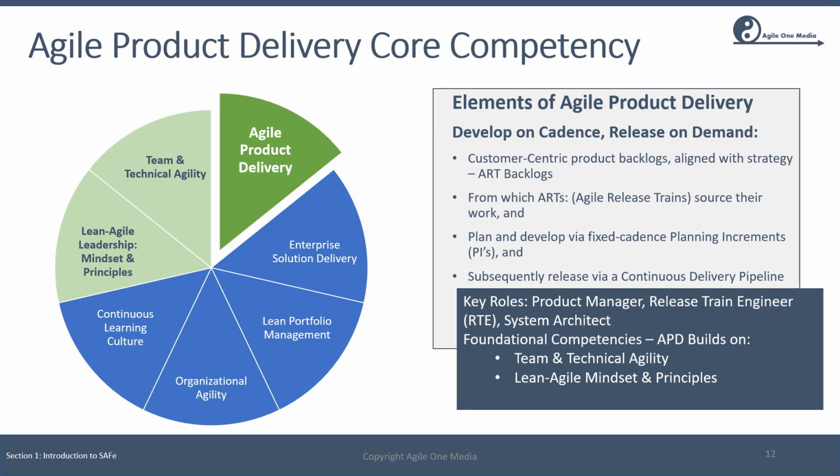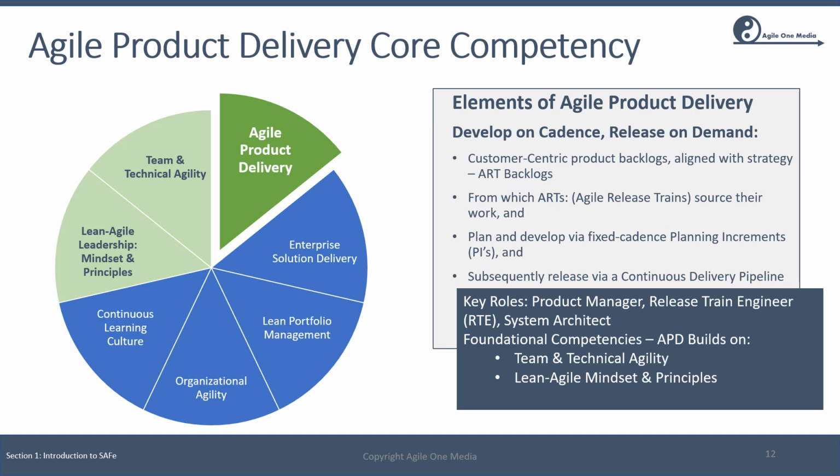PI planning fits within this core competency. The primary input to PI planning is the ART backlog. ART backlogs comprise customer product features plus technology enabler items that may be needed to support those features. ART backlogs are the primary source of work for Agile release trains.